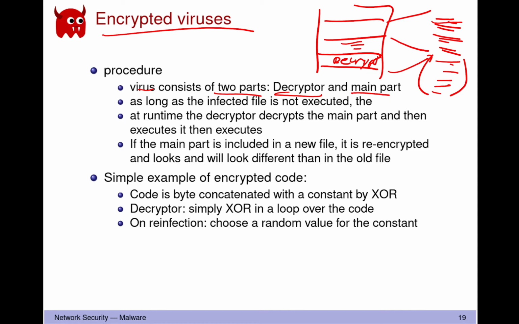It cannot be interpreted. Only once the decryptor is executed does it unfold the whole magic, the whole decryption takes place, the malicious instructions become visible, and then they are executed. So during the runtime, the decryptor decrypts it and then executes the part.